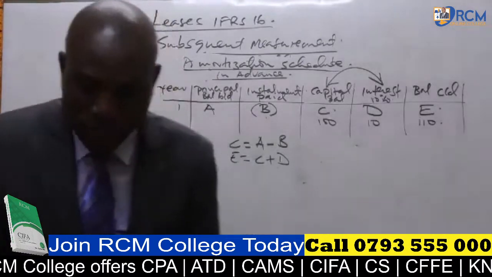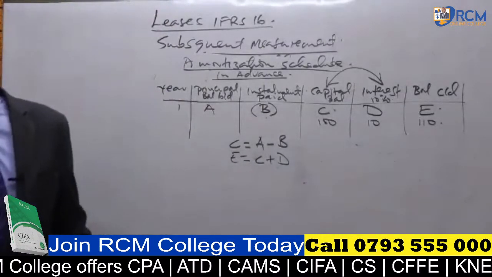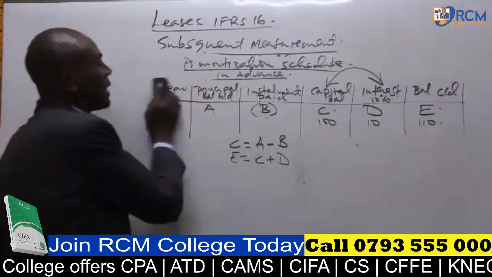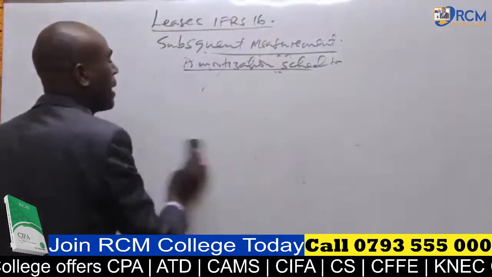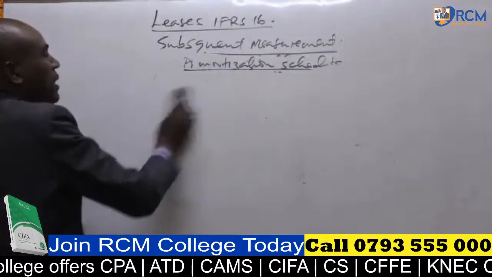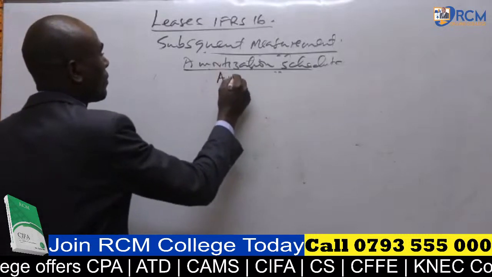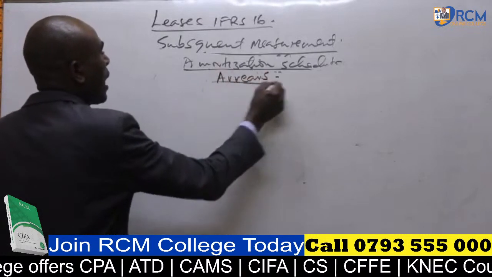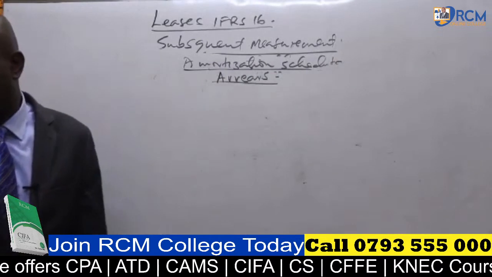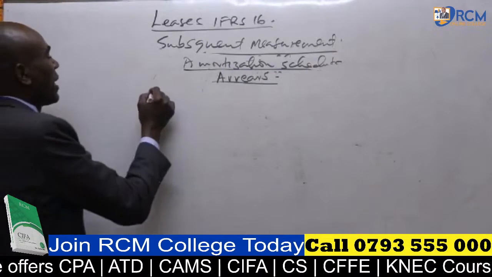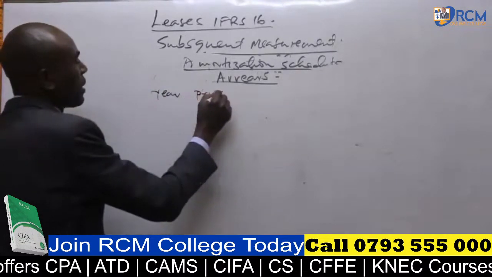Okay, now let's look at the schedule when payments are made in arrears. How will the schedule look when payments are made in arrears? Therefore, here we say a principal balance.